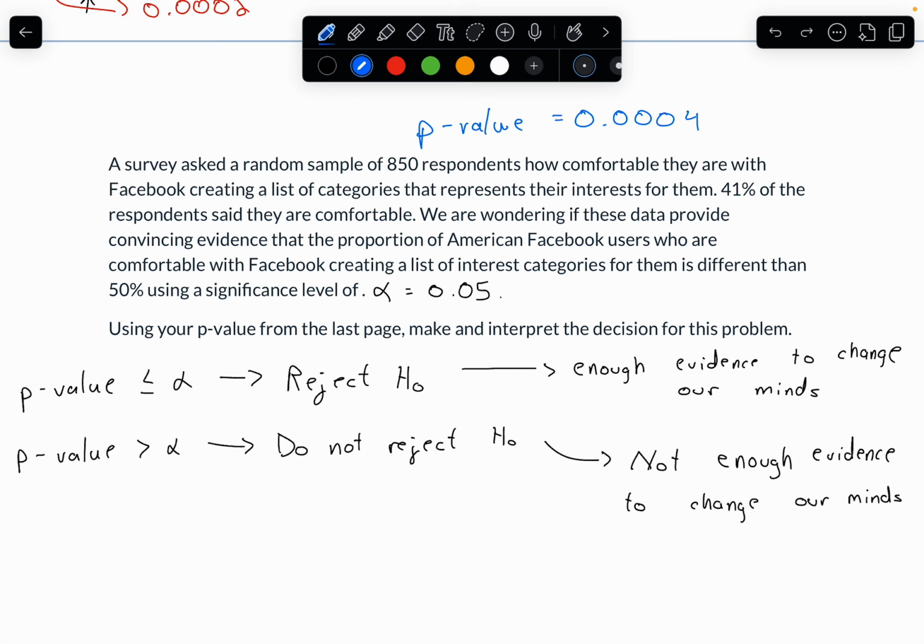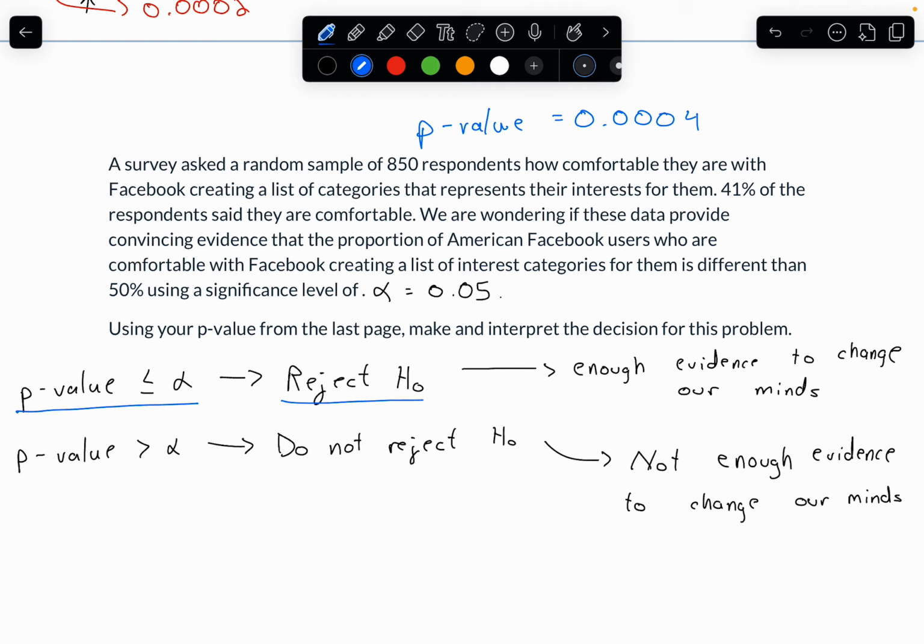We've really only got two cases to consider. In the first case, if the p-value is less than or equal to alpha, so if the p-value is very, very small, then our decision will be to reject the null hypothesis H0. Now remember that the null hypothesis was what we assumed to be true. That's what we thought was true.